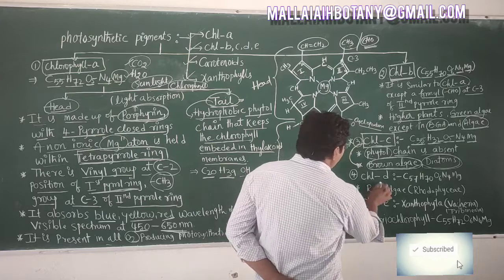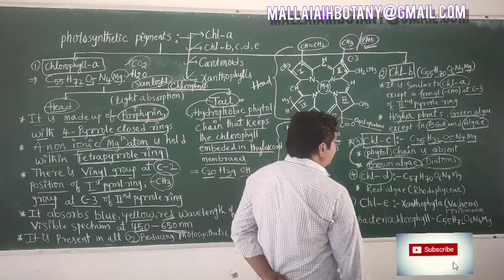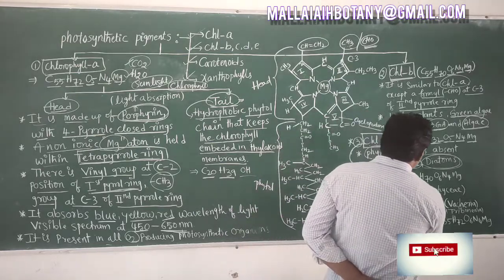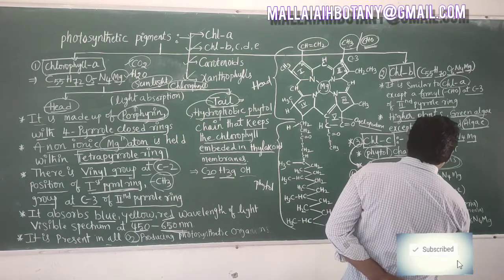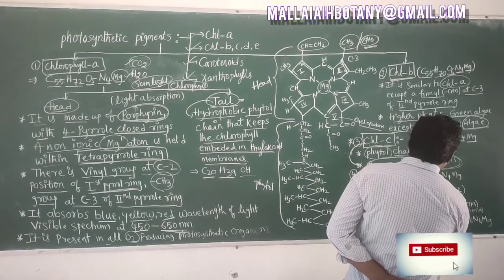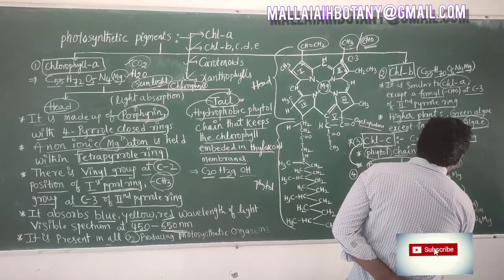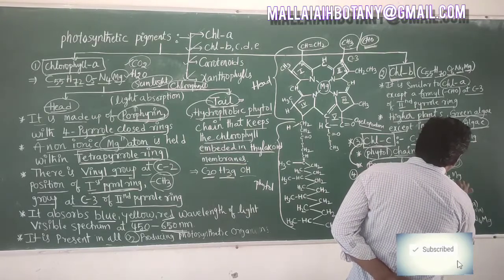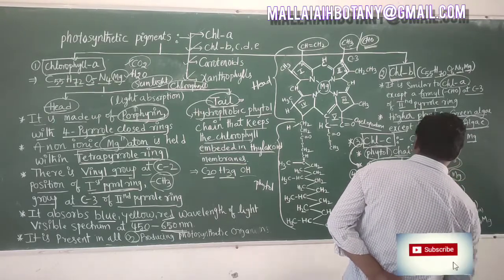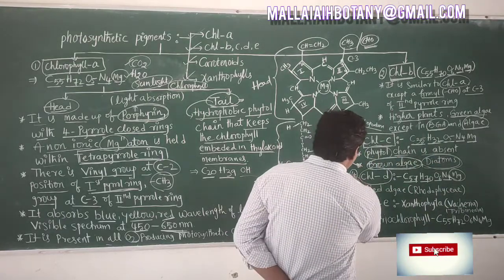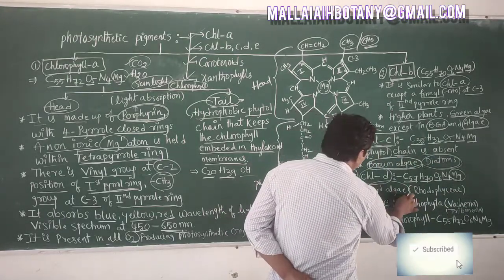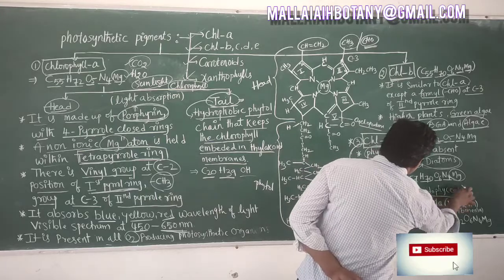Next, chlorophyll D. The chlorophyll D molecular formula is C55 H70 O6 N4 Mg, with 6 oxygen atoms, 4 nitrogen atoms and 1 magnesium. Chlorophyll D is present in red algae, the Rhodophyceae members.